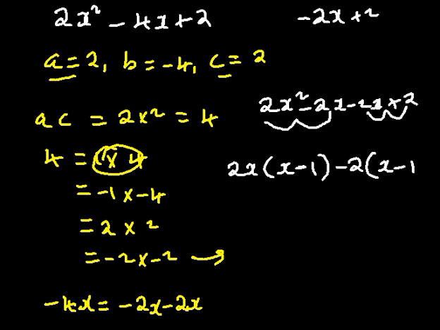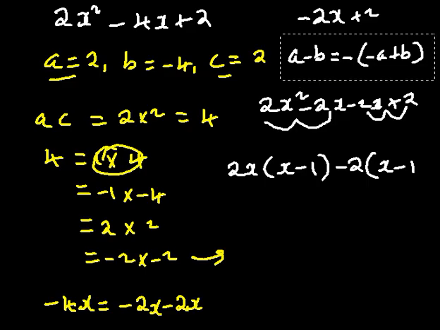At this point we have negative 2x and positive 2, so we should express it such that we have positive here and negative here, so that it matches this expression. We should understand that a minus b is the same as negative a plus b. That's the principle being used.